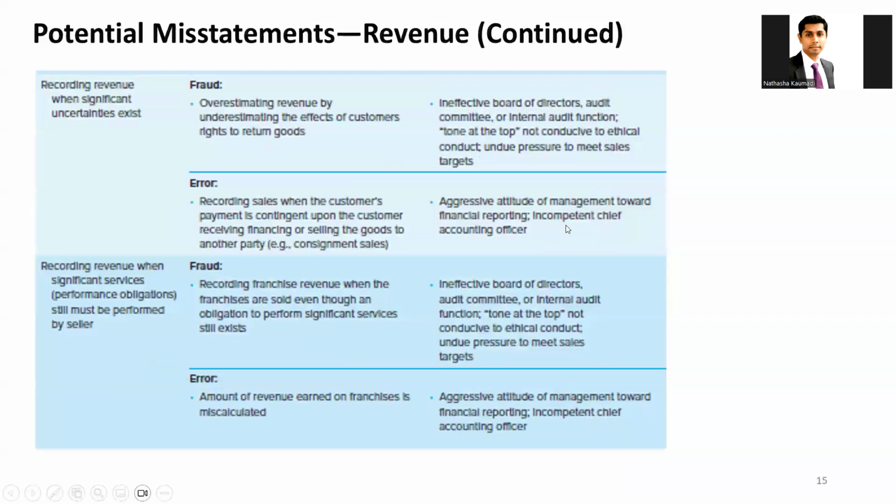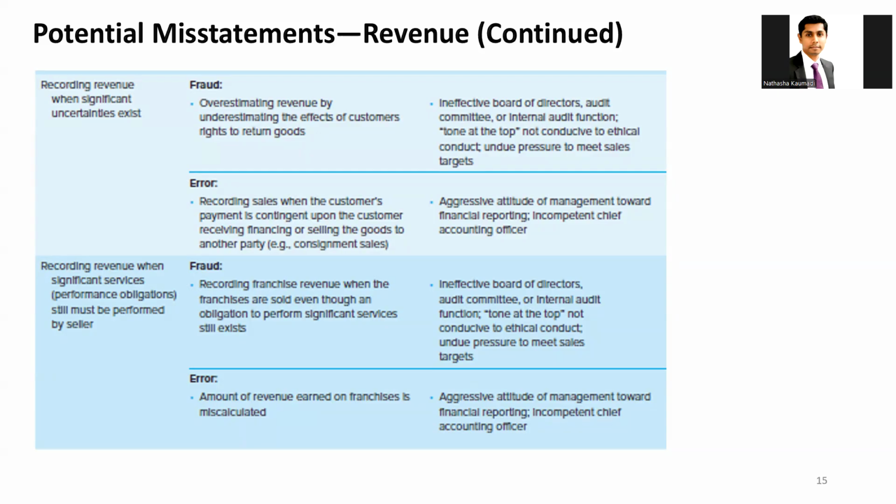And the third one: recording revenue when significant uncertainties exist. Let's say overstating revenue by underestimating the effects of customers' right to return goods. When there's a particular sale, you have dispatched the goods as well, but there's a high level of tendency that these customers might return the goods.